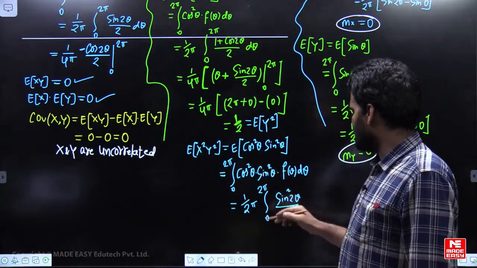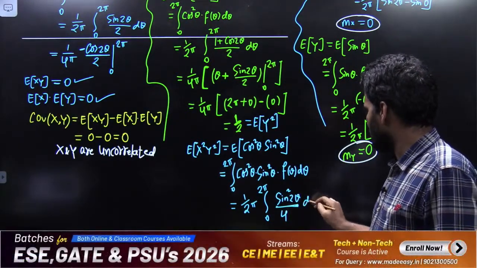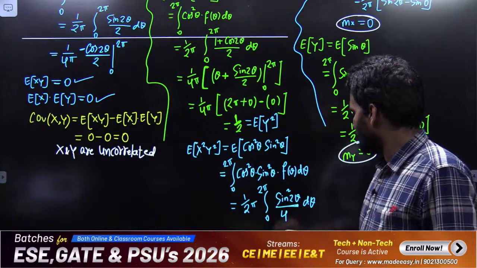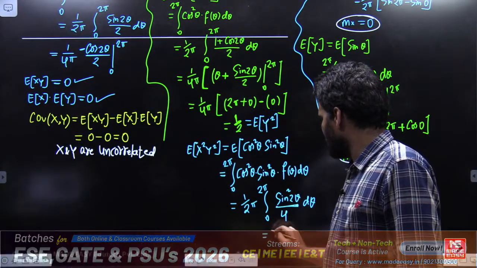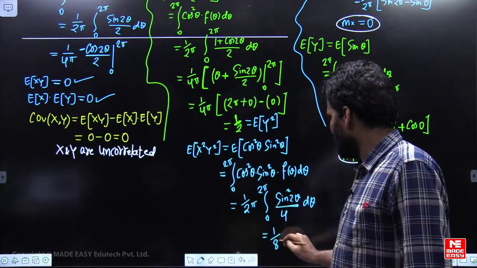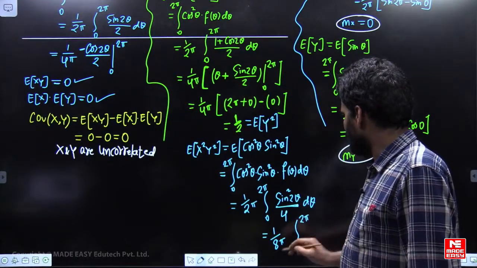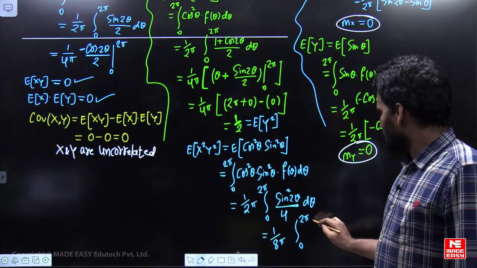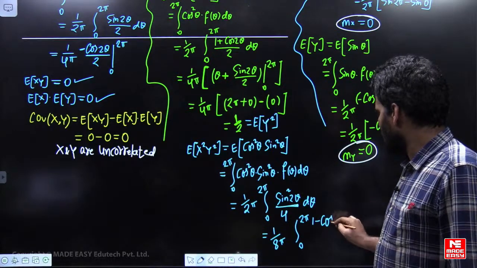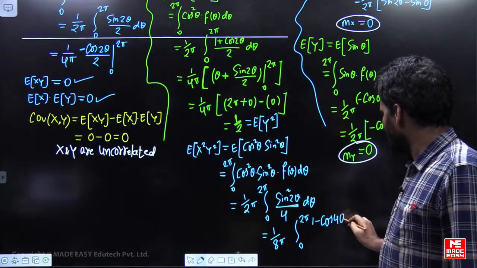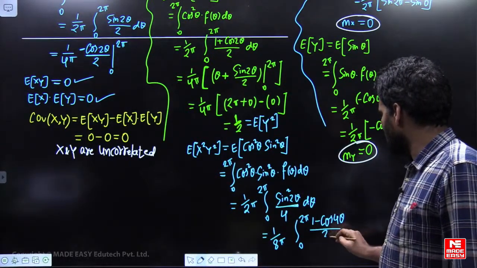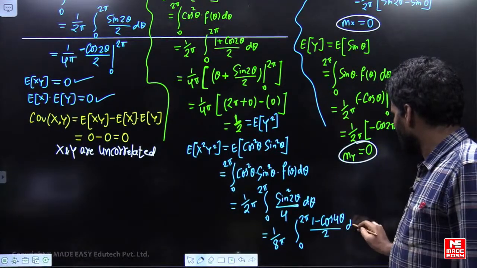So you can write sine square 2 theta upon 4 d theta, and it equals 1 upon 8 pi, integration 0 to 2 pi. Sine square theta is (1 minus cos 2 theta) by 2, so here (1 minus cos 4 theta) by 2, d theta.